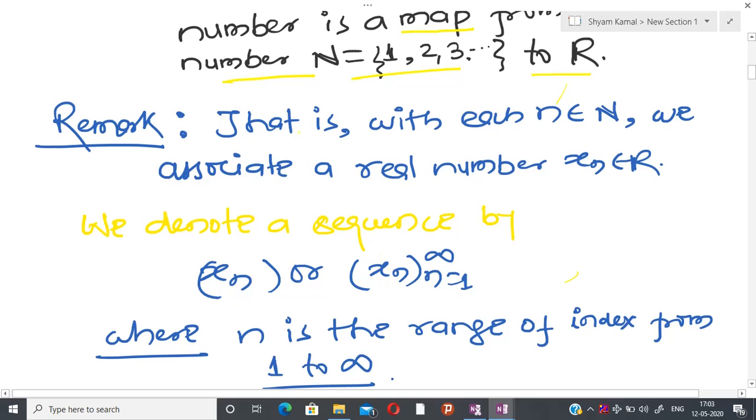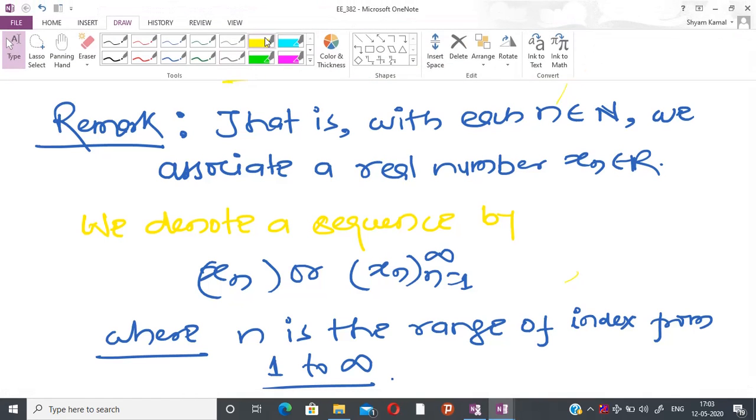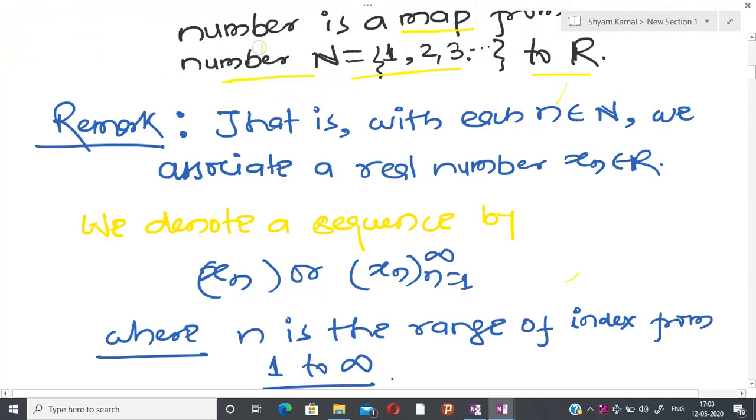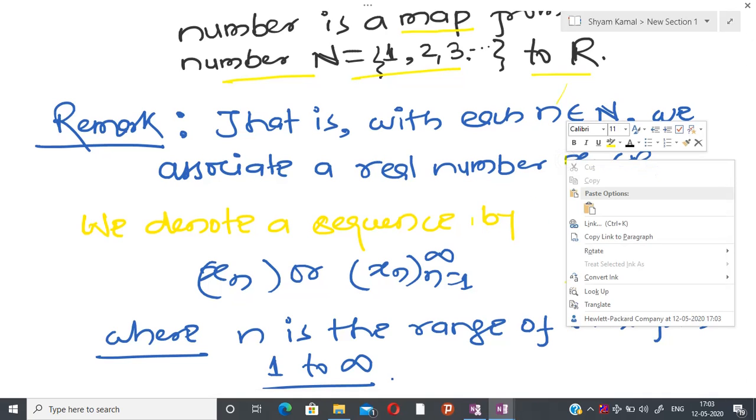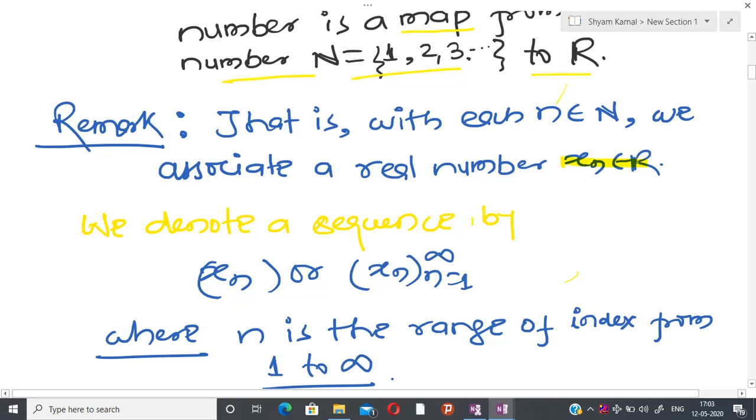So basically I have here a real number, and I am going to map this to a real number.